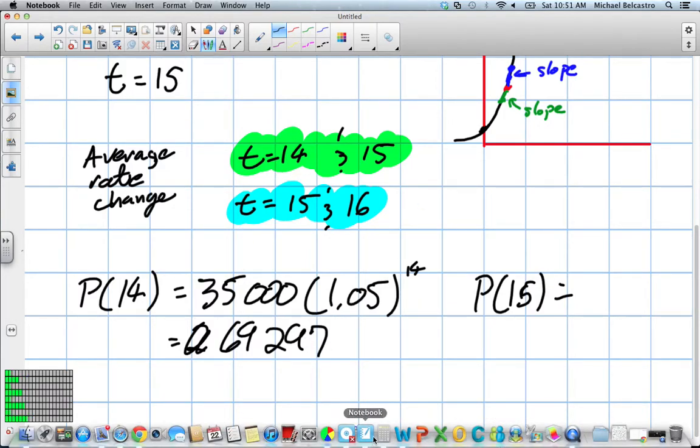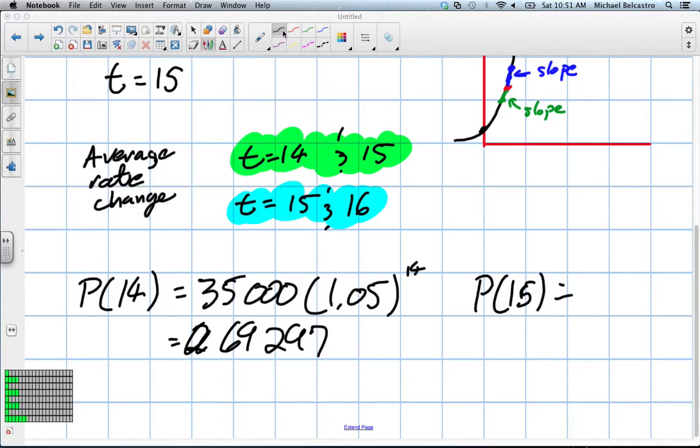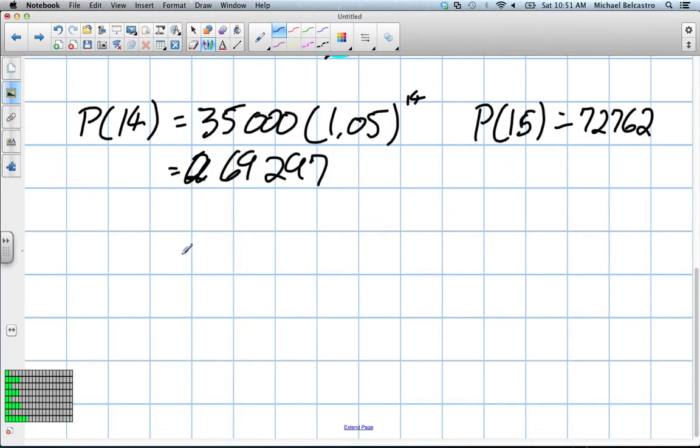Then for 15, 1.05 to the power of 15 times 35,000 is 72,762. So right there are our two y-coordinates.